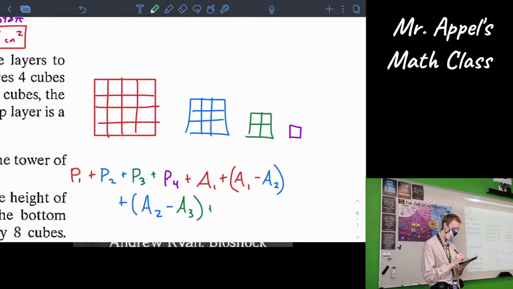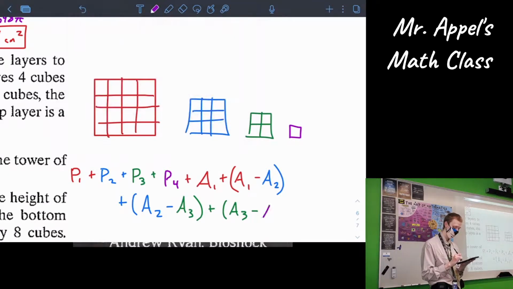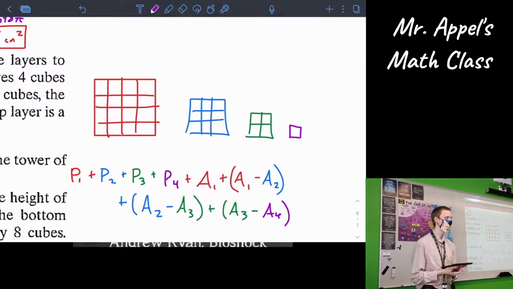And then I'm going to get the top of the green layer minus the purple layer. And then on the very top, I do get that purple layer does show up. I do get to count that one, right? That gets uncovered.